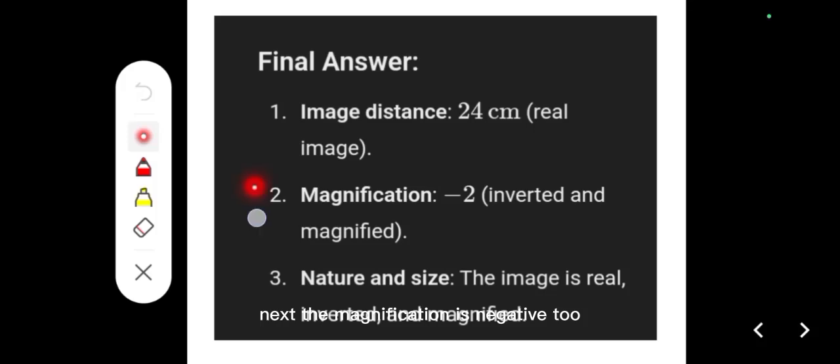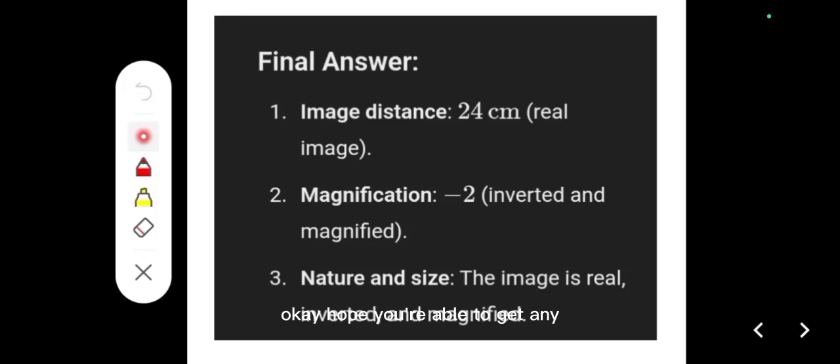Next, the magnification is negative 2, meaning it is inverted since the value is negative. So the image is not upright, it is upside down. And the image is bigger in size. By how much? That's 2 times the original size of the object, or magnified 2 times. The nature of the image is real, inverted, and magnified.